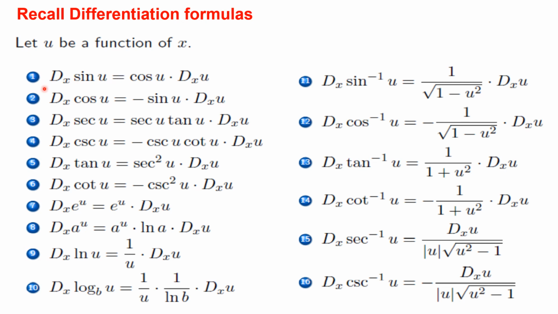Again, how do we recall the derivative of cosine, which is equal to negative sine u du? The derivative of cosine equals negative sine u du, and conversely the integral of sine is negative cosine. It's a reverse process.